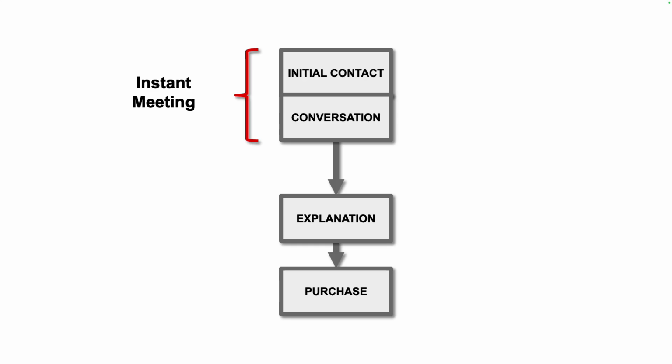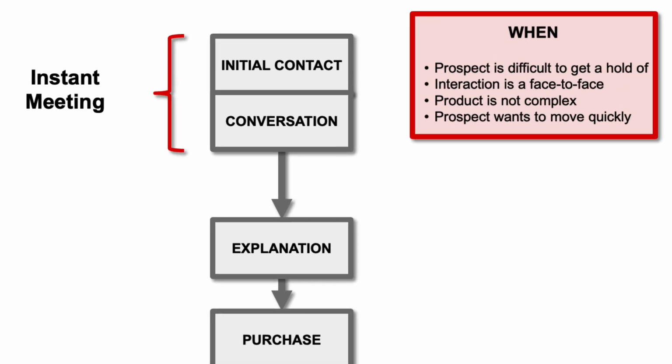And it's important to be aware of this concept and to be aware of when you're falling into having an instant meeting, because there are some times where it makes sense to have instant meetings, and there are reasons to try to avoid accidentally falling into an instant meeting happening. For example, you might get a prospect on the phone that's very difficult to get a hold of.